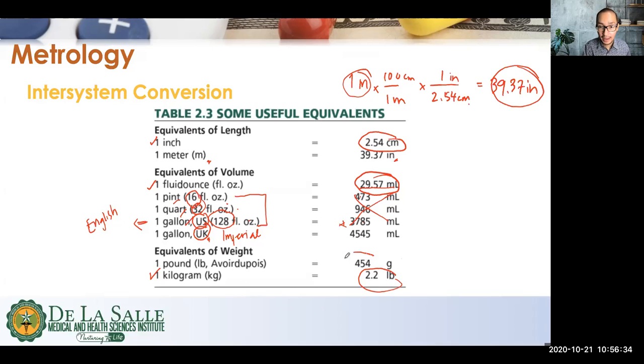Now, I won't ask you to remember this because again, it's redundant. How many grams is 1 pound?